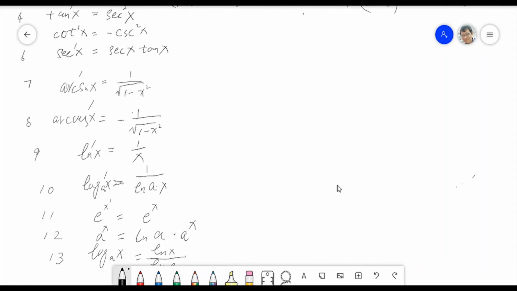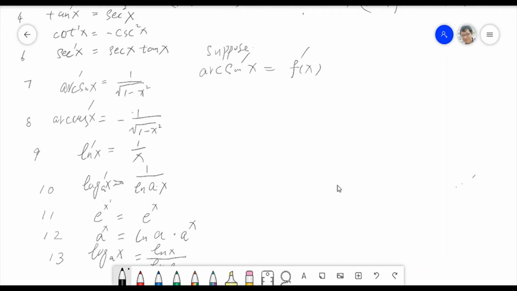I make arc sine x equal to f(x). Suppose, I don't say it is exactly, it's just a supposition. f(x) can be anything. So the derivative of arc sine x is equal to the derivative of f(x).